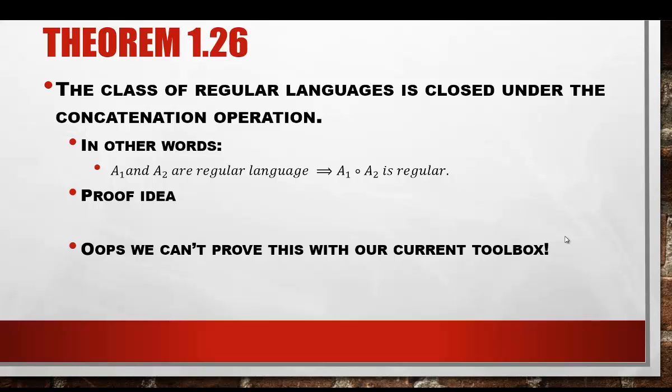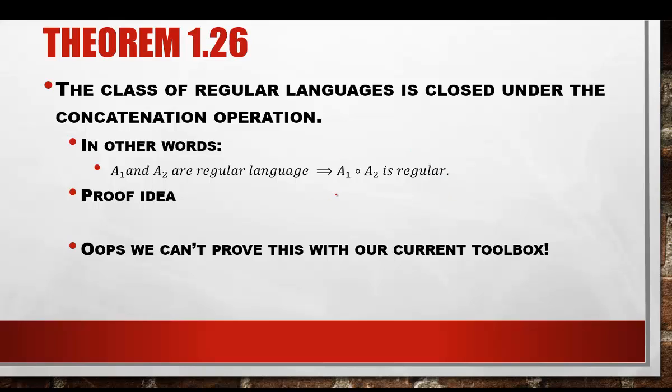The proof idea here is that I'm going to build a machine to accept A sub 1 strings, call it M sub 1, and a machine called M sub 2 that accepts strings from A sub 2. And now I want to see that if I give it an input string where the first half comes from A sub 1 and the second half comes from A sub 2, then it is going to be closed.